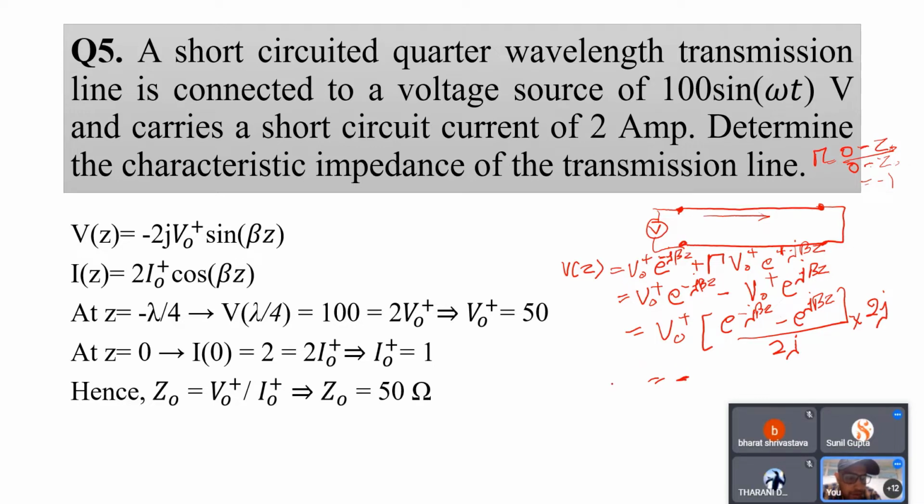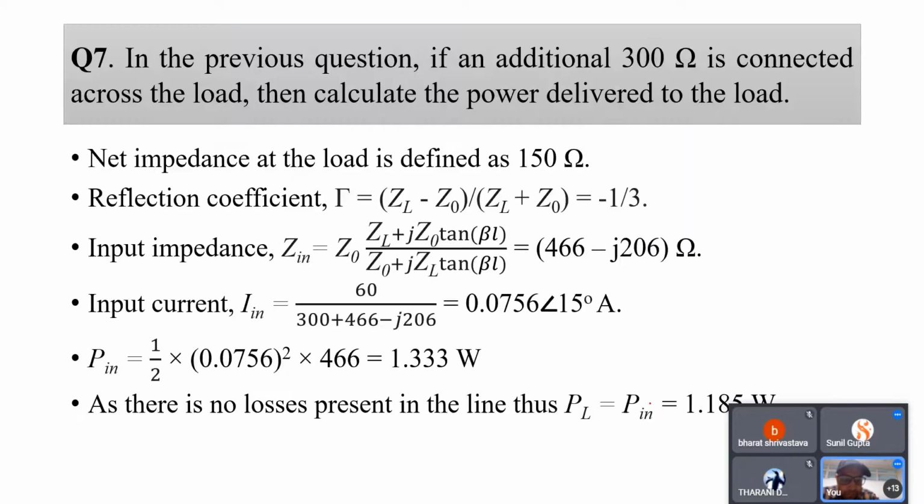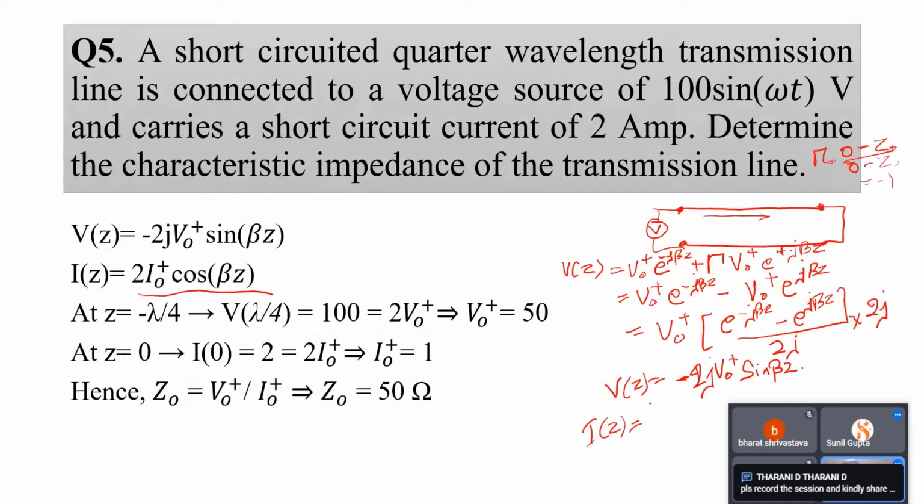So the final voltage equation is V of Z is equal to minus 2j V naught plus sine of beta Z. Similarly, you can calculate the value of current, which is 2 I naught plus cos of beta Z.